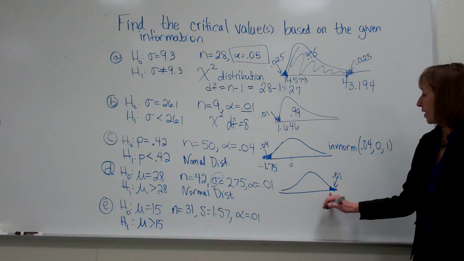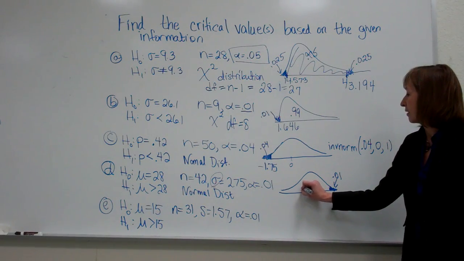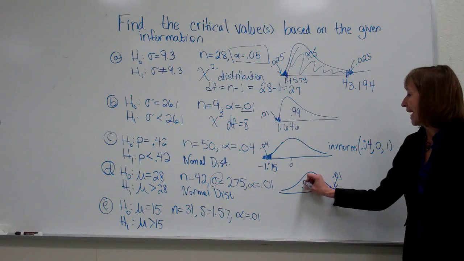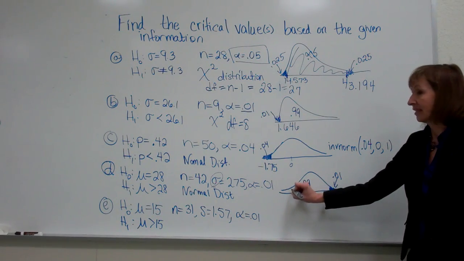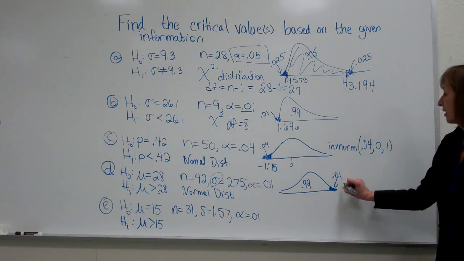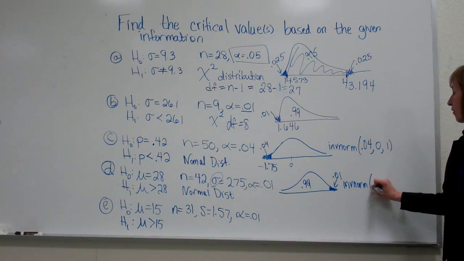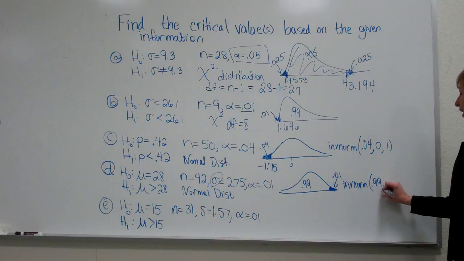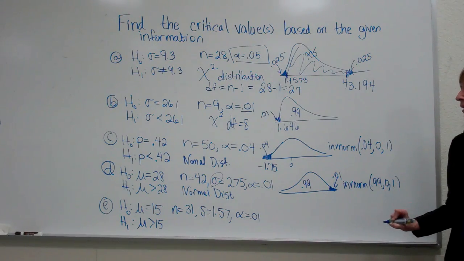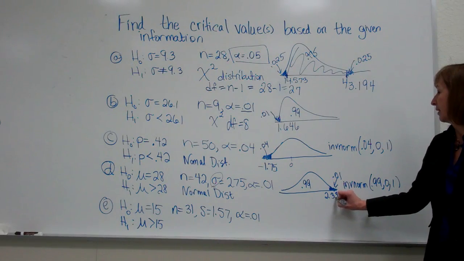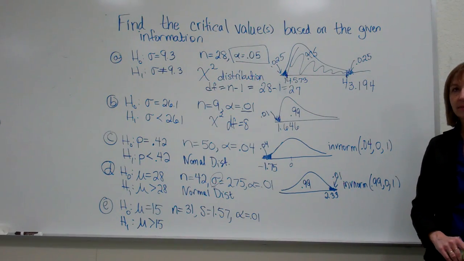If 0.01 is in my right tail of the curve that I've drawn, then 0.99 is the area to the left of that. I have a total of 1 underneath. So here we're going to go inverse norm of 0.99, comma 0, comma 1. And you'll see that you'll get a value of 2.33 for that critical value.